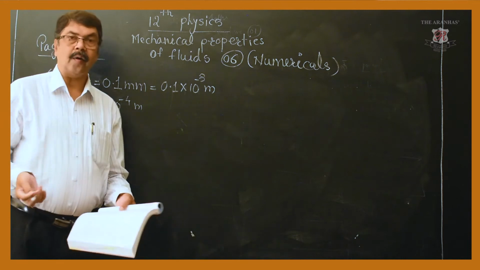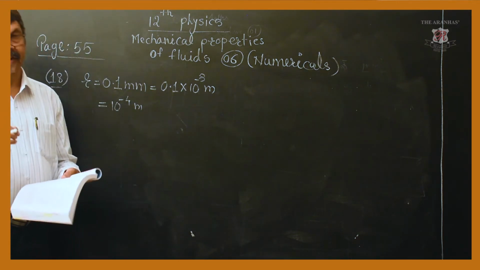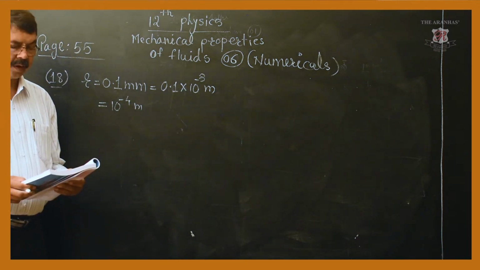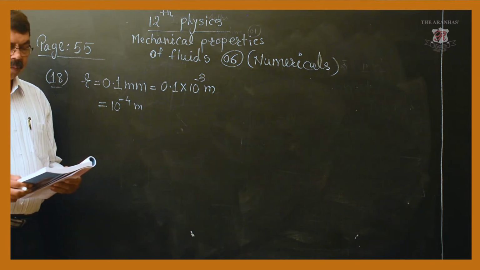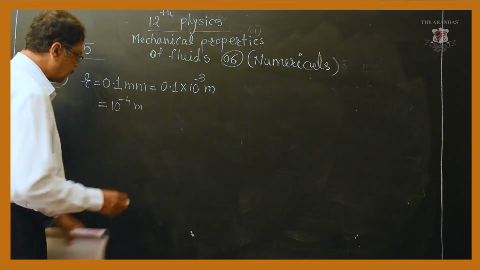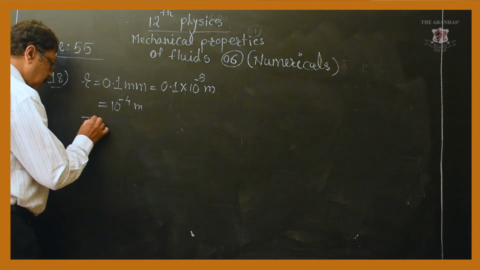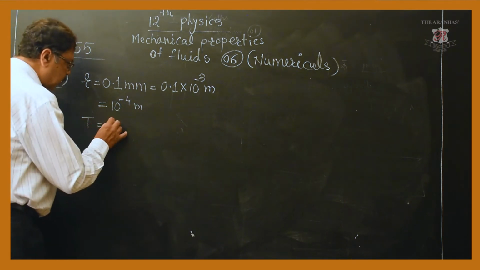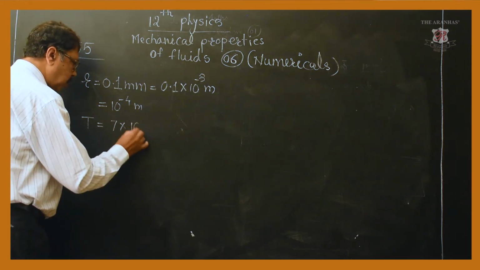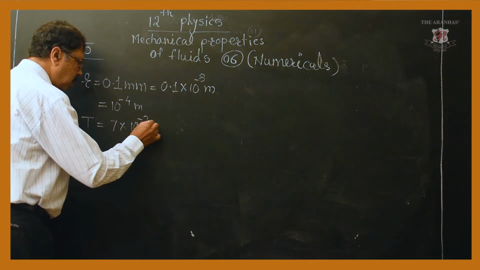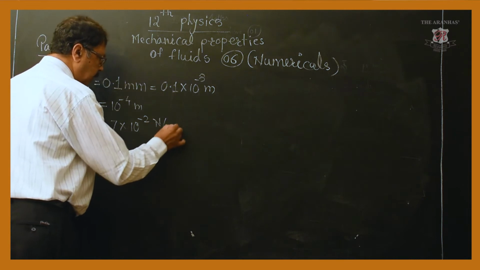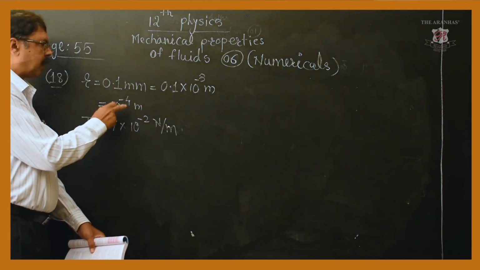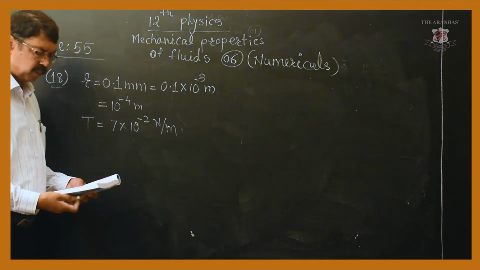See, you have to convert first all the quantities in the same system of units. The surface tension of water is given as 7 into 10 raised to minus 2 Newton per meter.